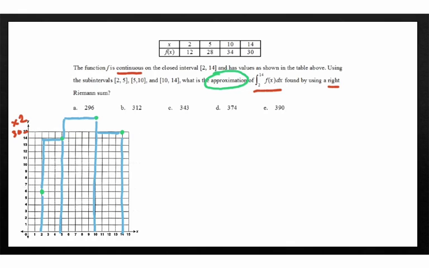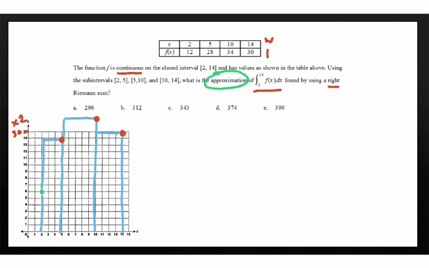So what I've basically done is created 3 rectangles where each time the right corner, the ones I'm making red right now, are determining the height of my rectangle. So could you find the areas of these 3 rectangles? And the answer is, of course you could. Let's figure it out. The x row is going to find my widths, and the f of x row is going to find my lengths.